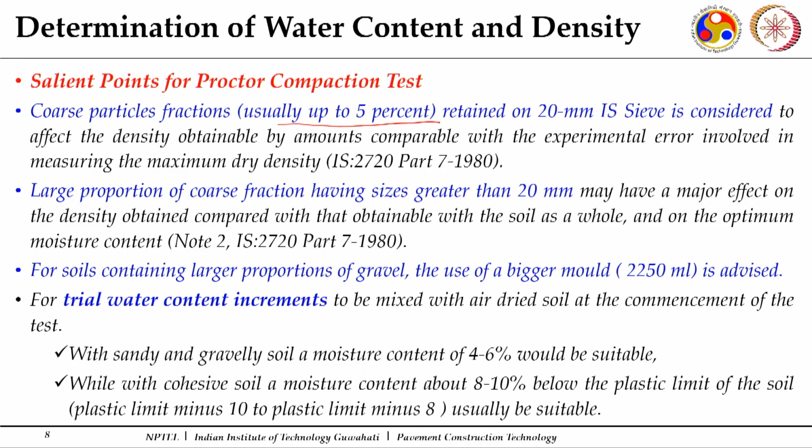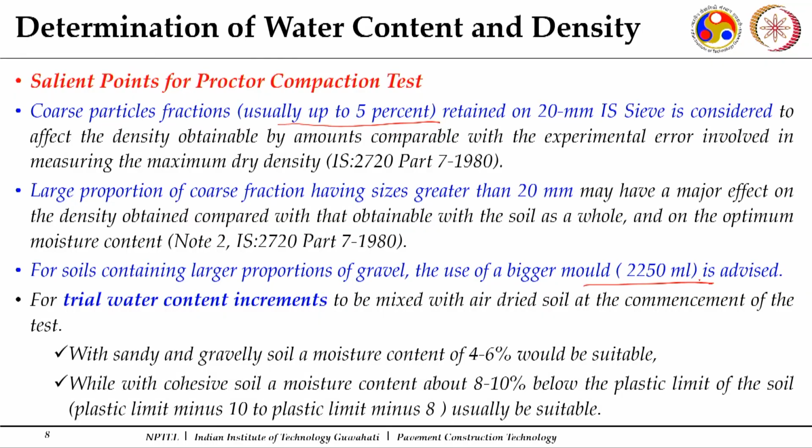You can go with the 10 centimeter dia mold, the 1000 ml mold, in that case. In this test you will use all material which is passing this 20 mm or 19 mm sieve. Now, if there is a significant proportion of particles retained over this sieve, then it is better to use the bigger molds.